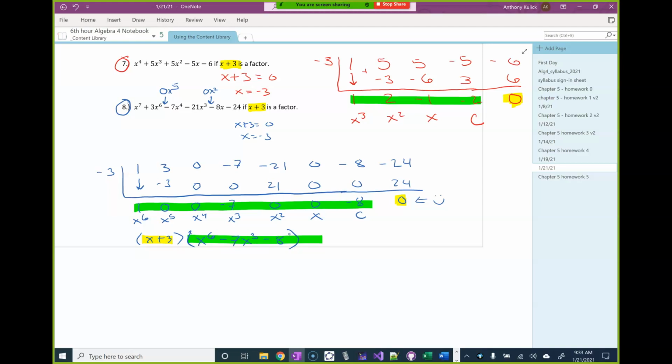Okay. This is a 3-term problem. It's in the quadratic form. Notice the degree of the first term is double the degree of the middle one, and the last term is constant, right? And its leading coefficient is 1, so we should be able to do this with the shortcut.